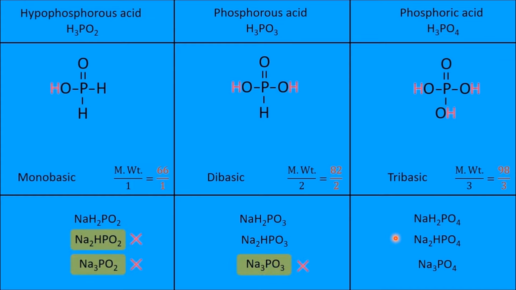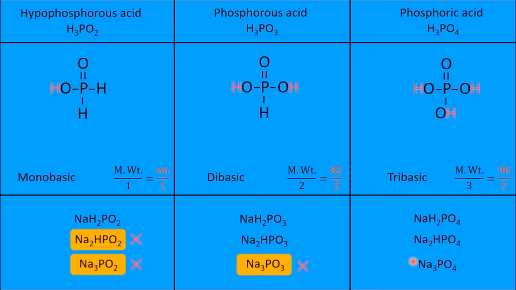In the first case, hypophosphorus acid, only one salt is possible and the others are impossible. In the second case, 2 salts are possible in 2 steps. In the third case, all 3 are possible. I think we have understood the equivalent weights of the acids of phosphorus and which salt is possible with each, and which salt is impossible.